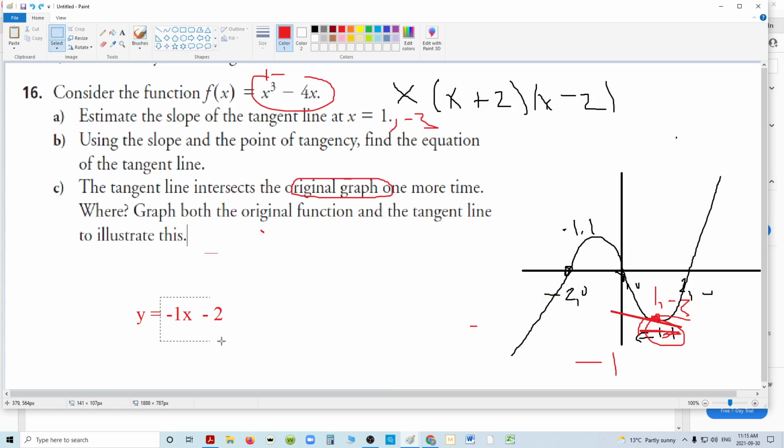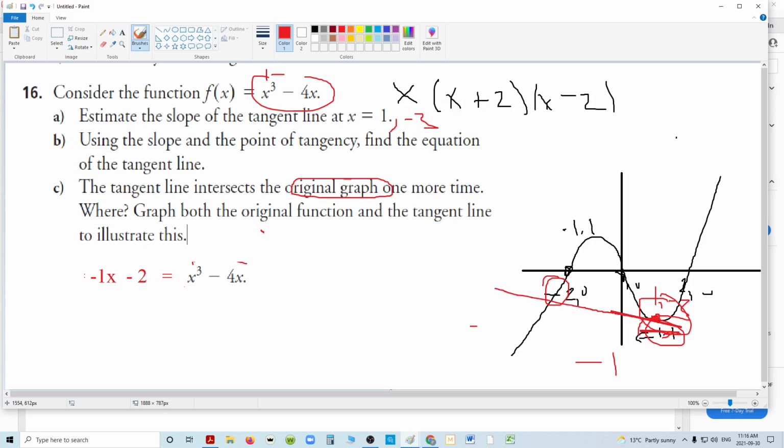You know that this line is going to equal the same y as the y on this graph, which means I can just say it's when this formula is equal to this formula. And it's going to obviously happen twice, once here and once over here.